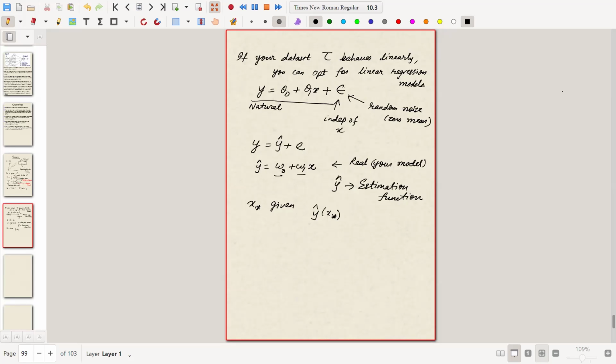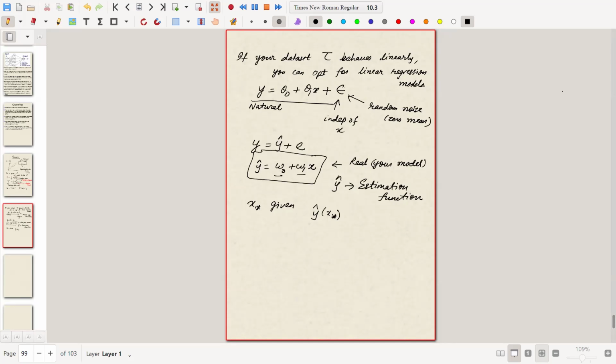So what is our regression model here? This is our regression model. Now our job is what? Given data points, we want to find the estimation function, that is y hat, w0 plus w1 x. X is known to us as a set of data points. What is unknown? W0 and w1.